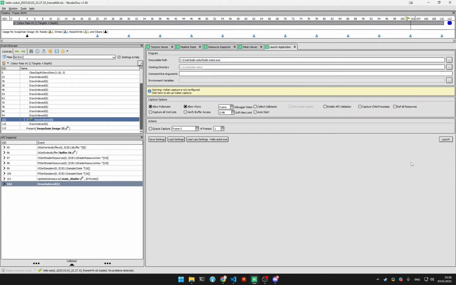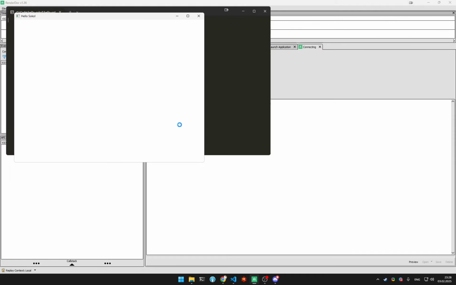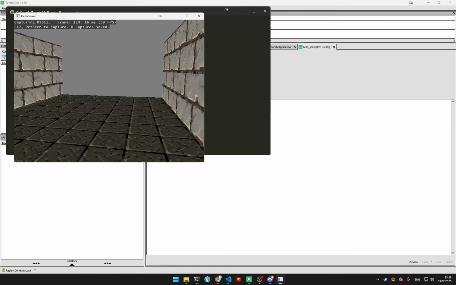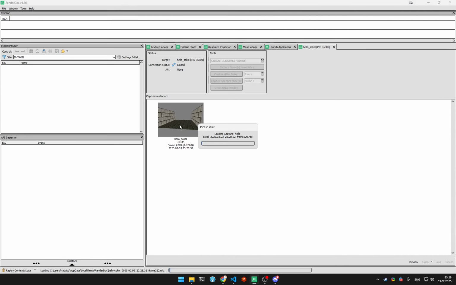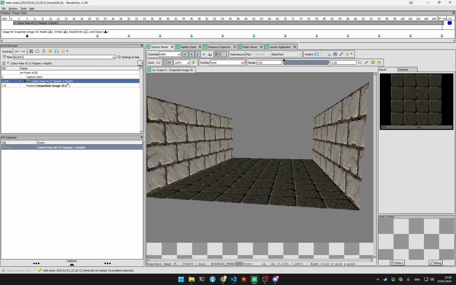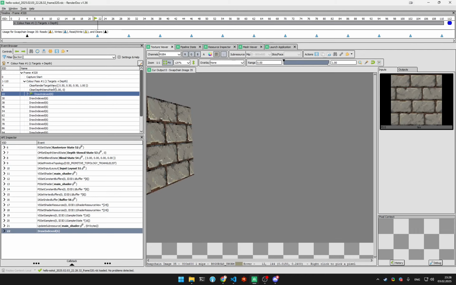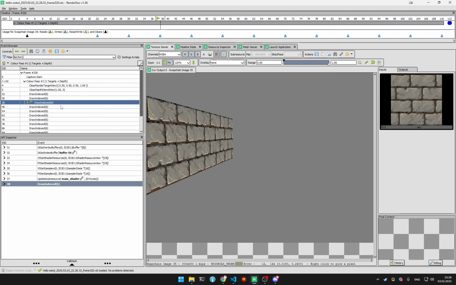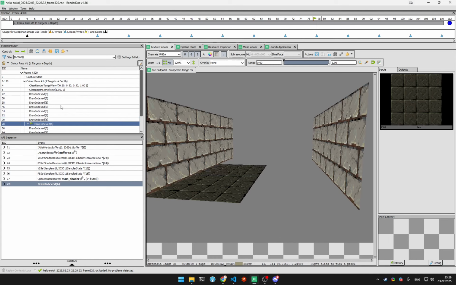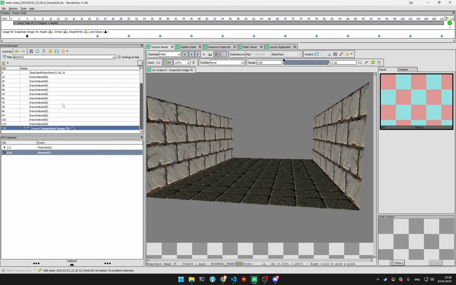But let's launch the game again through the debugger, through RenderDoc, and then capture yet another frame and see how it's actually being rendered. So we have the clearing with the default gray color, and then we draw it one by one exactly like we specified in our code.